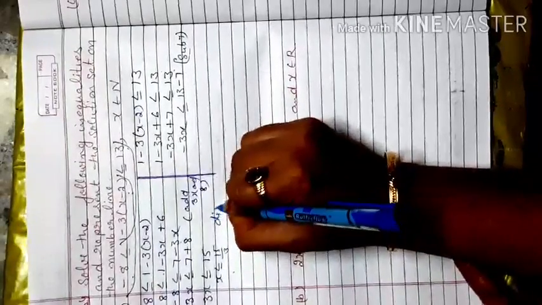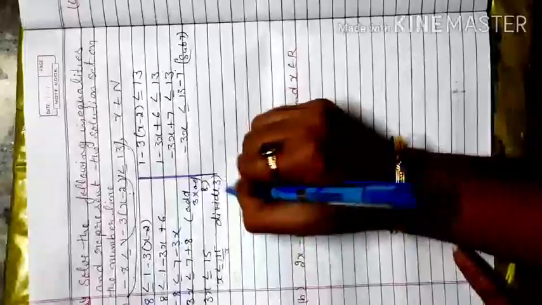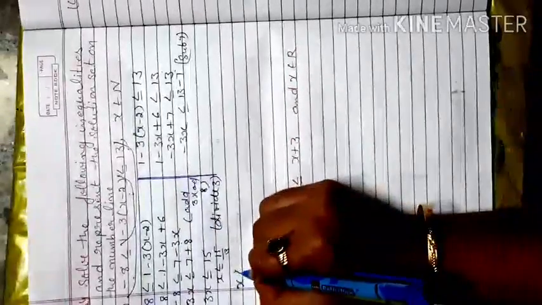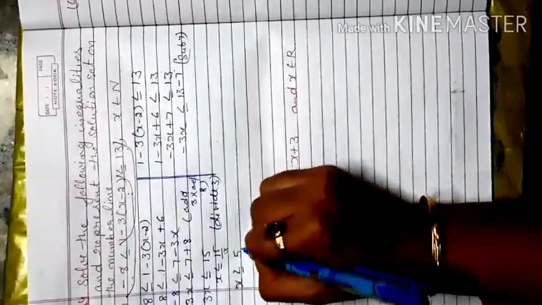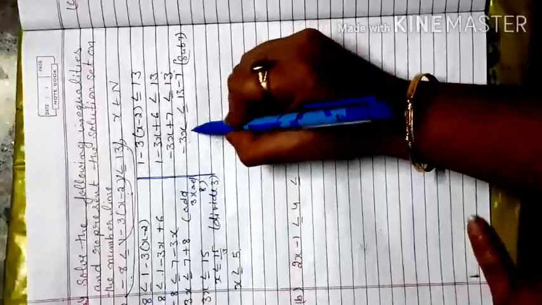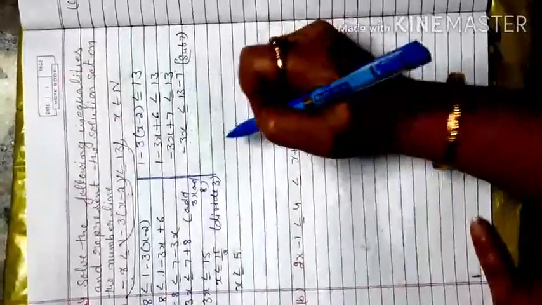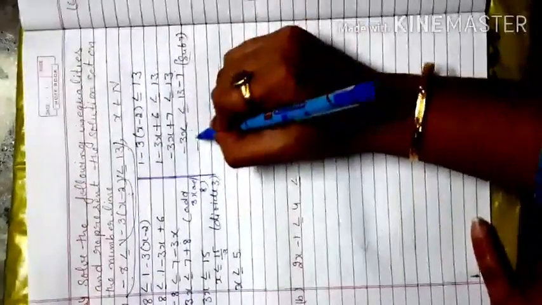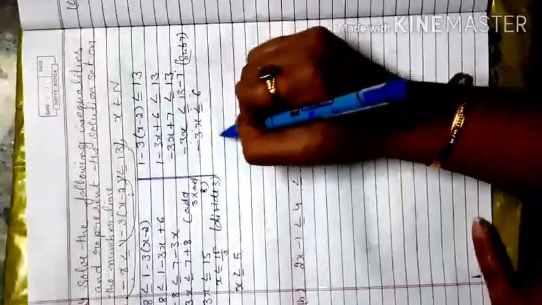So divide by 3. You have to mention the step, what you are doing in this step. So x is less than equal to 5. Or when you solve this one, minus 3x less than or equal to 13 minus 7. That gives me minus 3x less than or equal to 6.